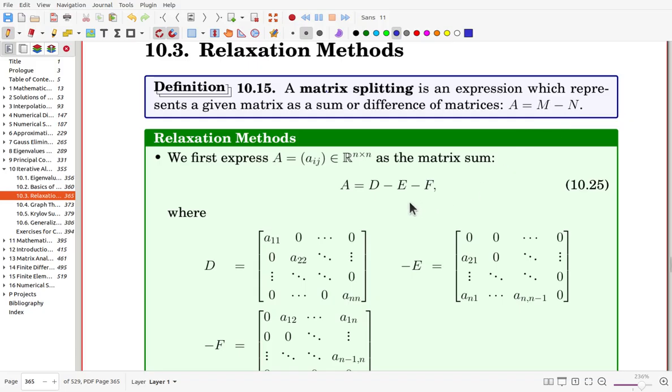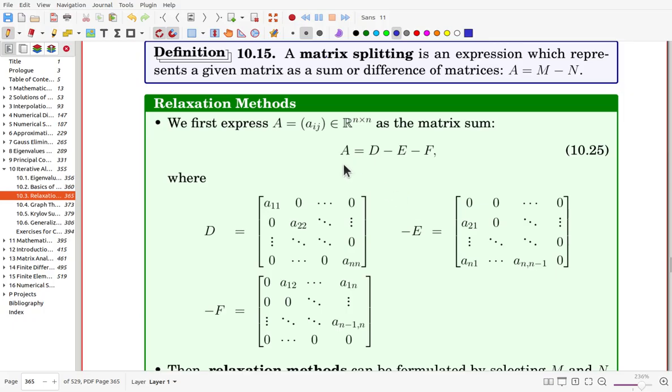Before dealing with relaxation methods, for the given matrix, we'll give names to parts of the matrix A. If we write A = D - E - F, then here D is the diagonal, -E is the strictly lower portion, and -F is the strictly upper portion.